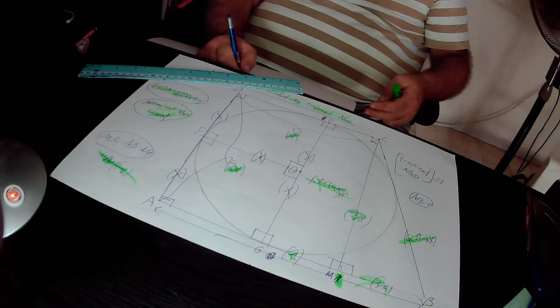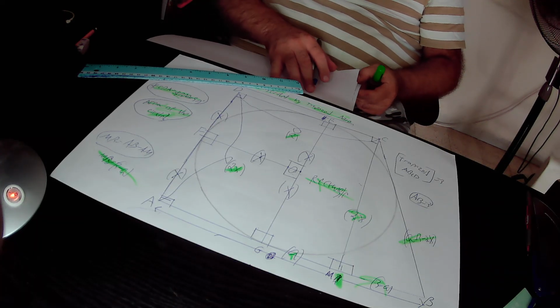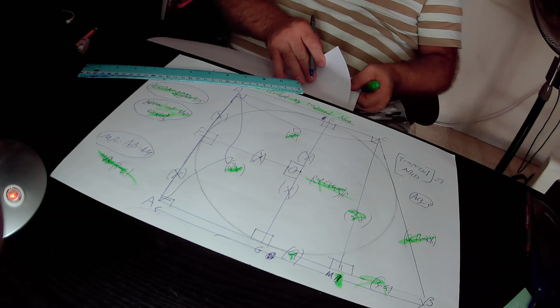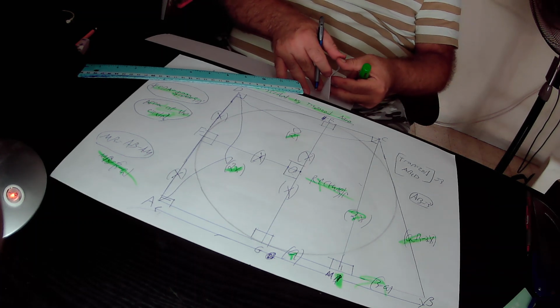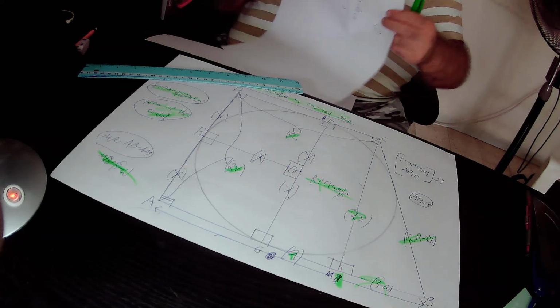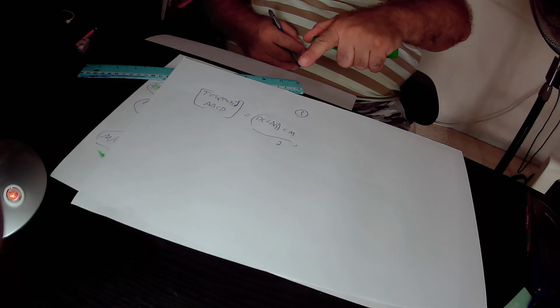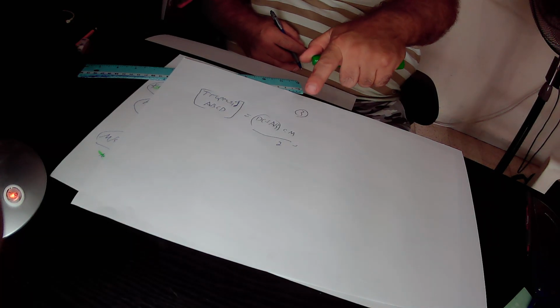Repeat again, the area of this trapezoid ABCD in total is equal to the sum of the two parallel bases, that is to say DC plus AB, times the height CM over 2.